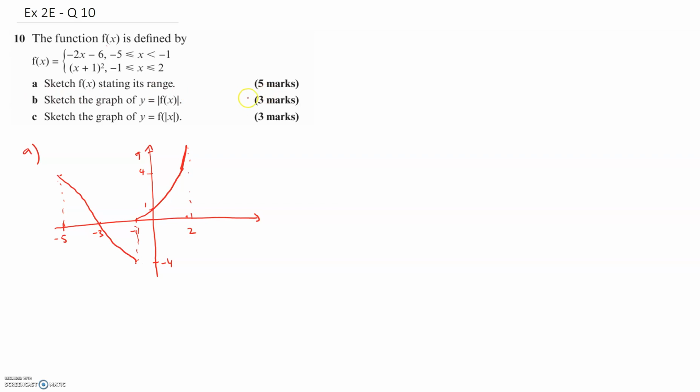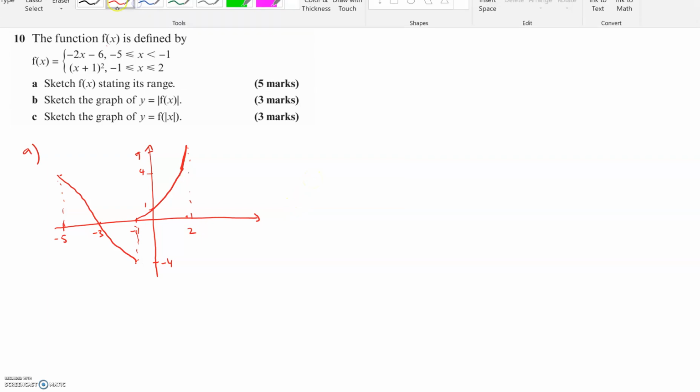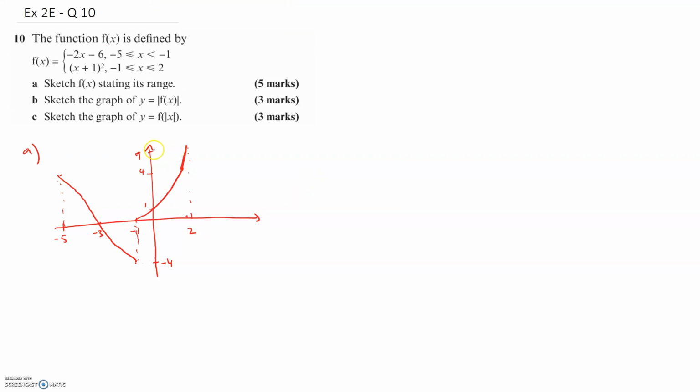A follow-up question on this, it says state the range. So the range is all the possible y values that it could take. If you just look at the highest possible value, that's going to be 9. The lowest possible value is going to be -4.